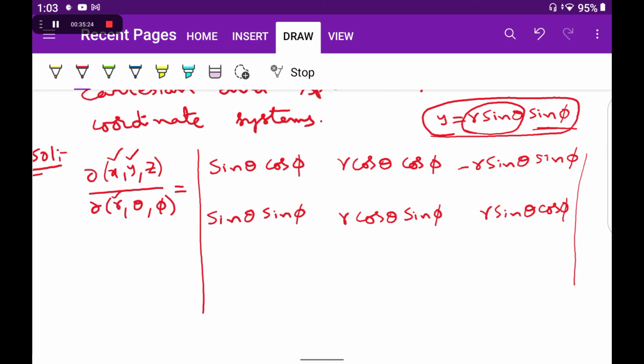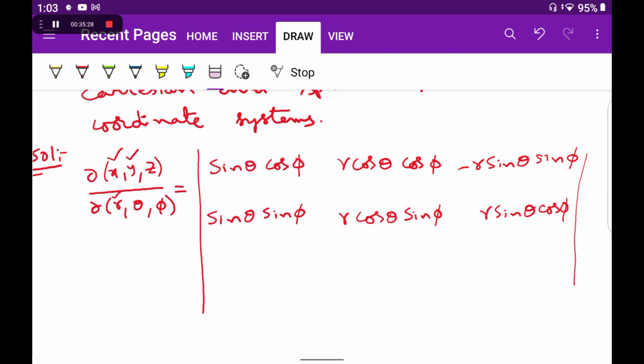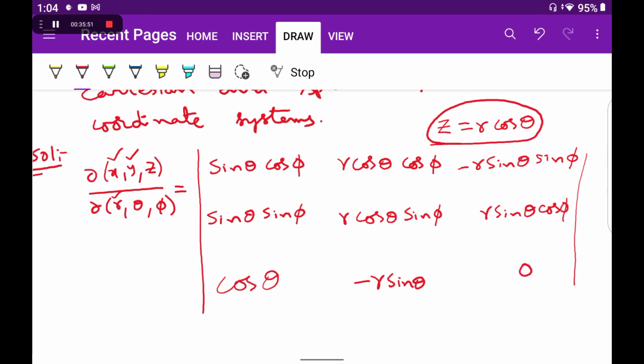Now what is z? z is r cos theta. There is no phi term in this. So dou z by dou r is cos theta. Dou z by dou theta is minus r sin theta. Dou z by dou phi: there is no phi in this, so 0.